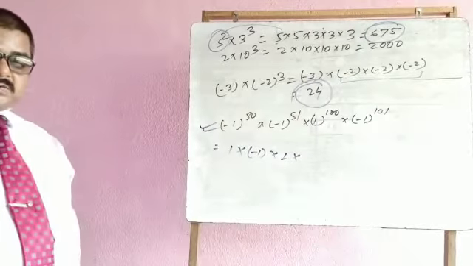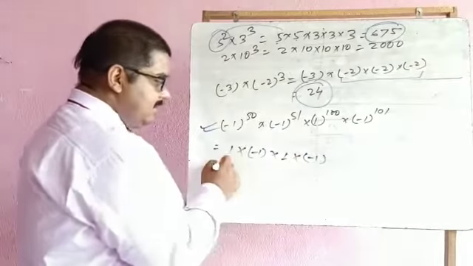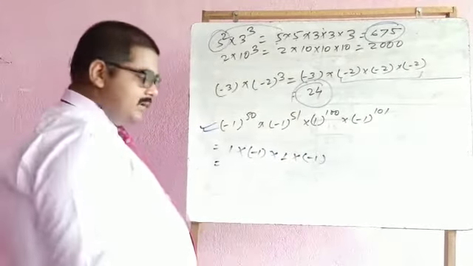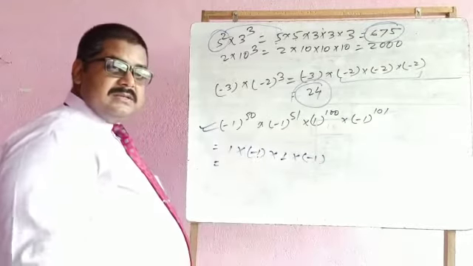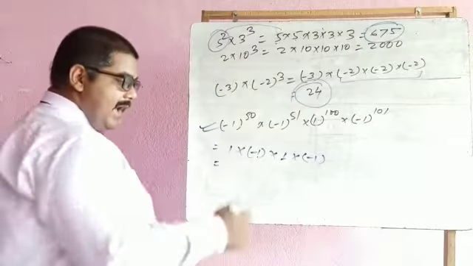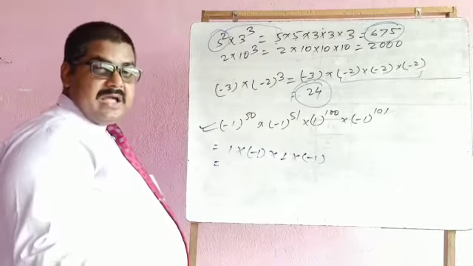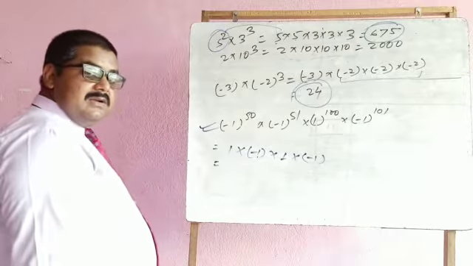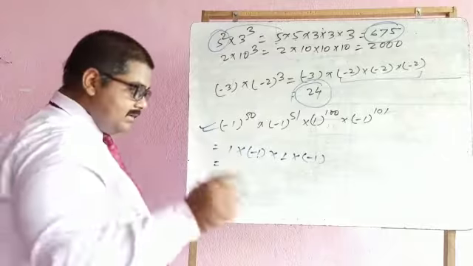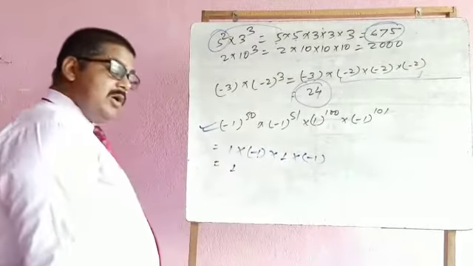So the result must be negative 1. And you can just notice the final result: the negative sign is multiplied 2 times, the result must be positive. And 1 is multiplied 4 times, and you know that if 1 is multiplied 4 times, the result must be 1. So the final result is actually 1 or plus 1.